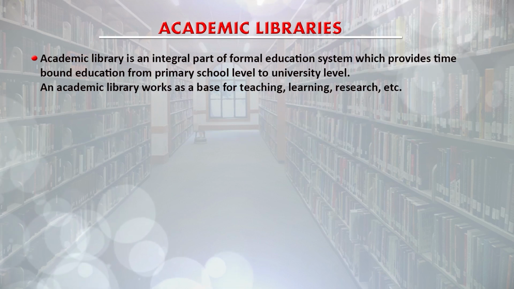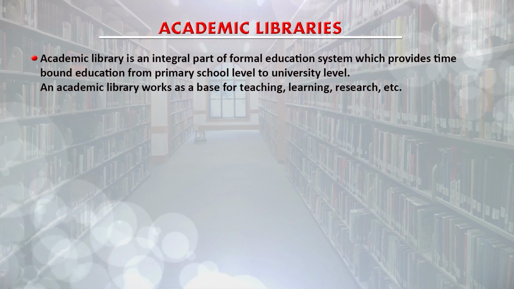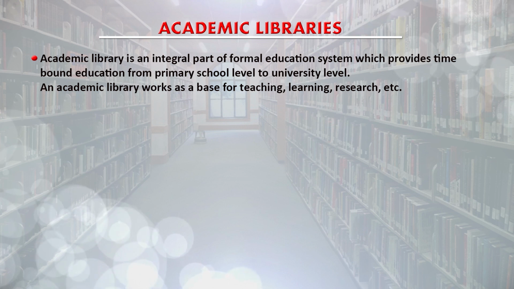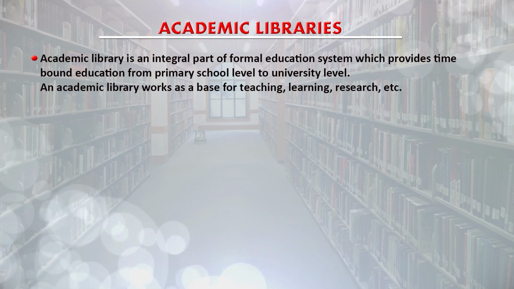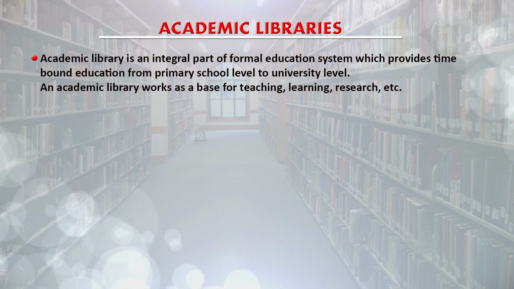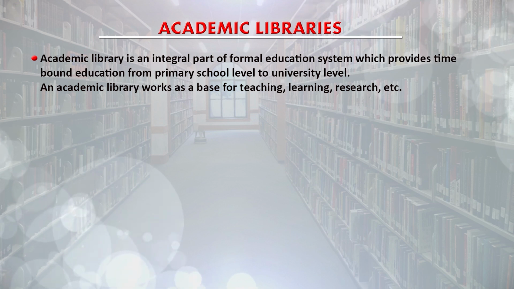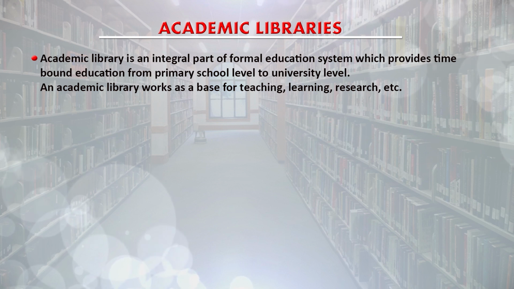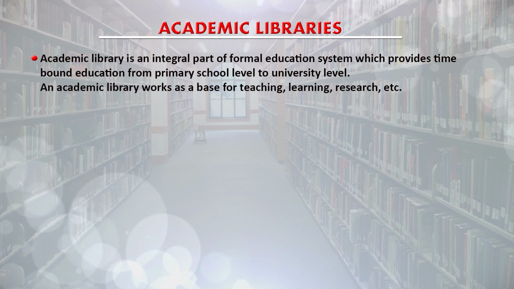They are an integral part of the formal education system, which provides time bound education from primary level to university level. An academic library works as a base for teaching, learning, research, etc. In this way, these academic libraries are most important for academic institutions.